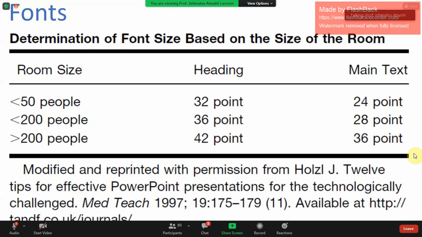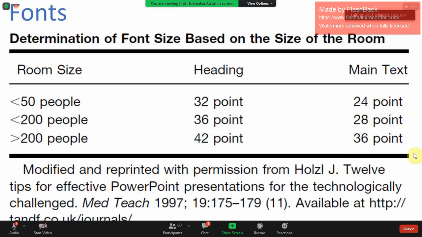Now the font size. This probably doesn't matter too much when you are giving your presentation online, but when you are giving your presentation offline, you really have to care about the font size.